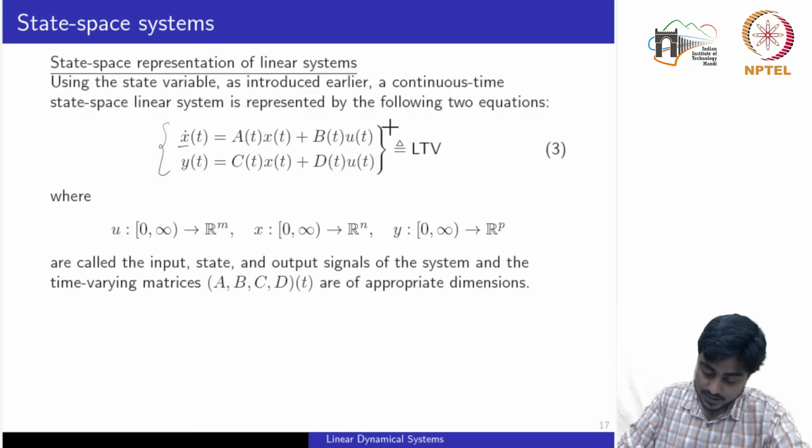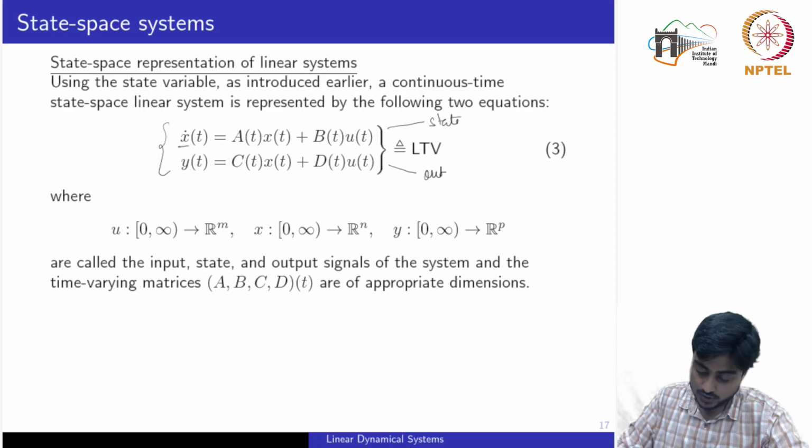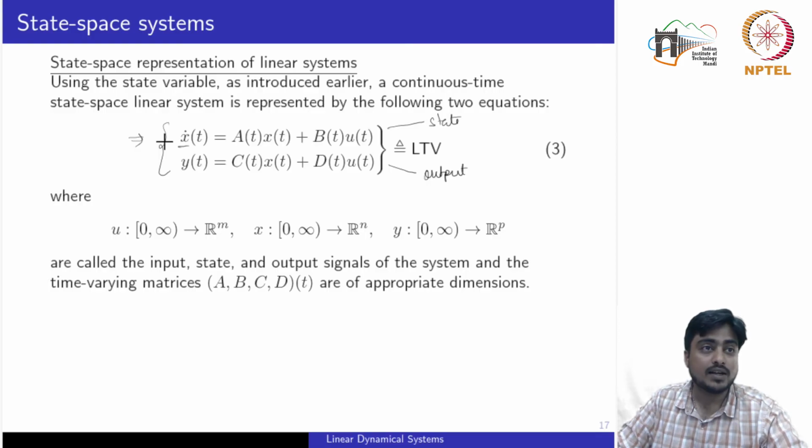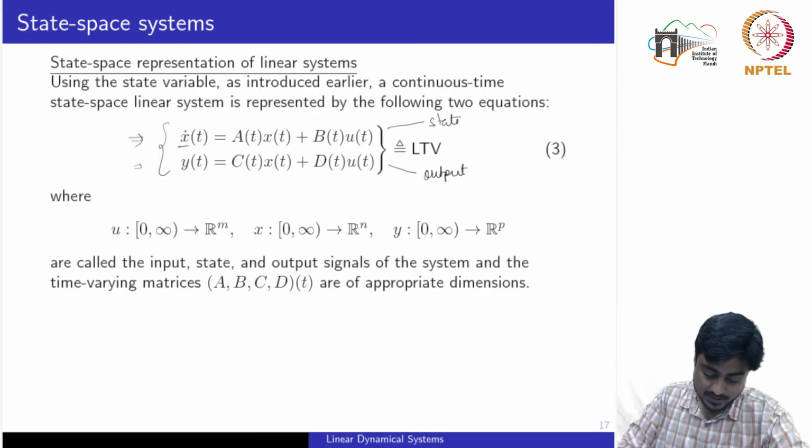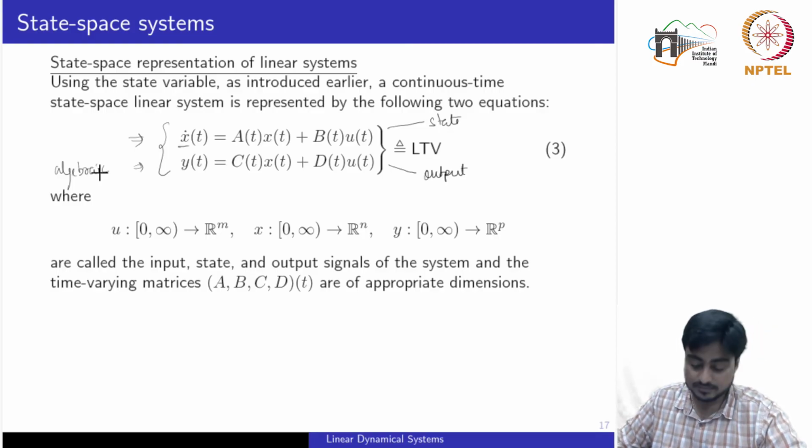Okay? So the first equation we call the state equation, the second equation we call the output equation. And note that all the dynamics are embedded into the state equation because of this derivative part, and the output equation is basically an algebraic equation because here we do not have any derivative or integrals.